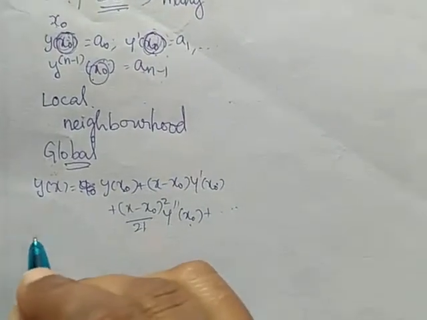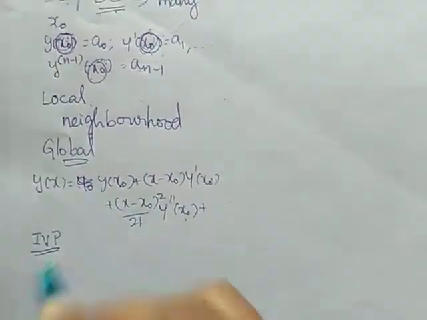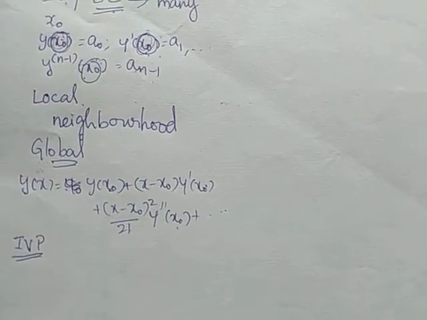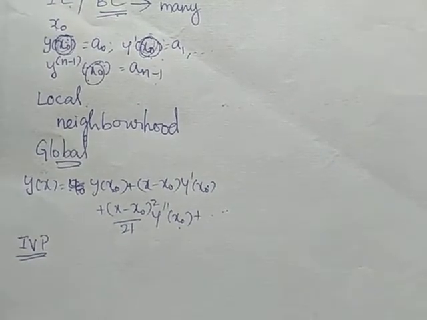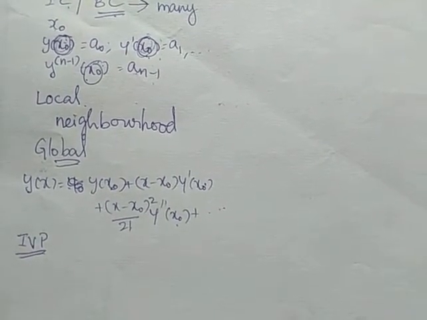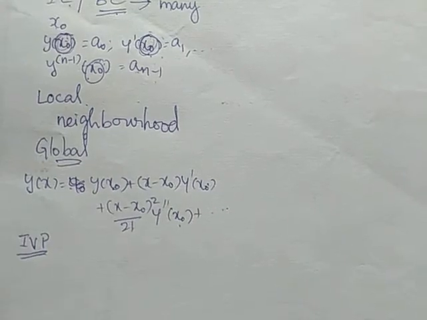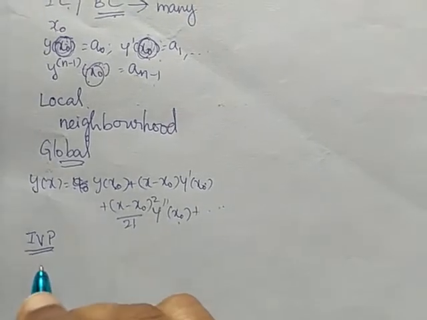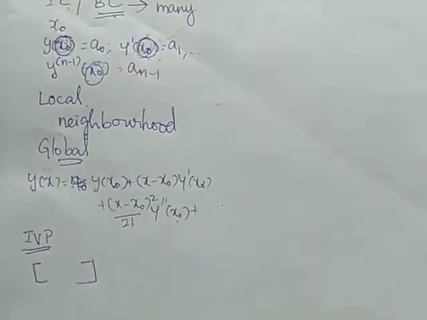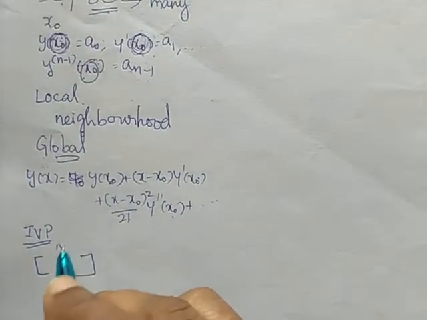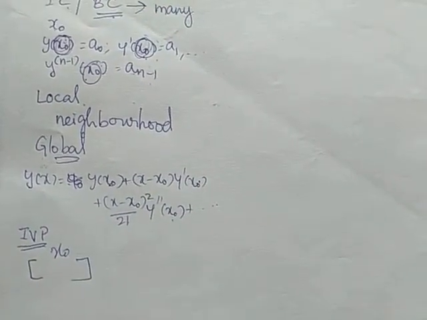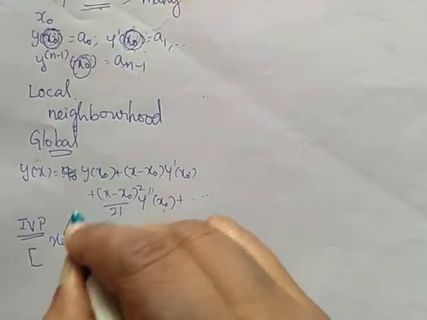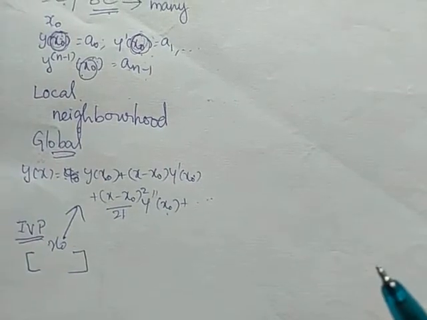Once we get the solution for initial value problems, then we have to generalize the solution, or consider the global properties of the solution. It must be valid for the entire region. It means we have to find an interval containing x naught for which this local solution is valid.